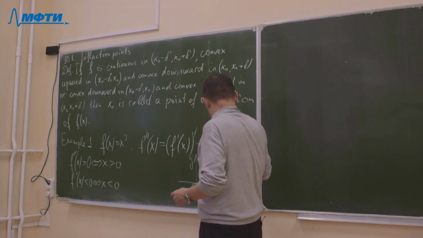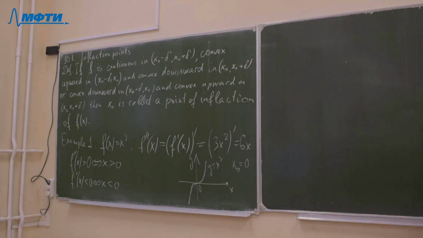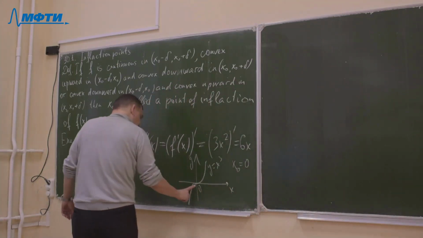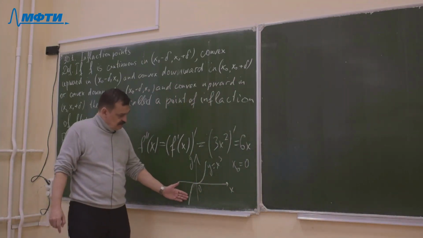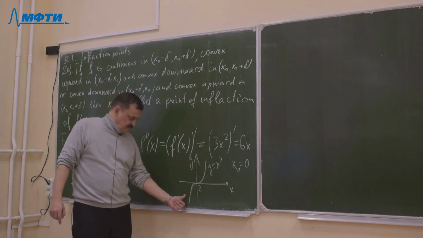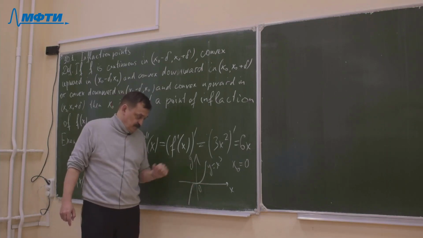So 0 is a point of inflection. Why? Because the function is convex upward for negative x and convex downward for positive x.